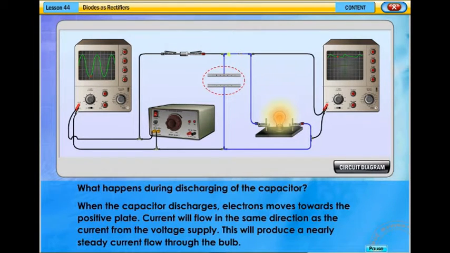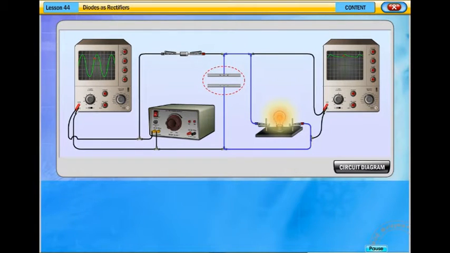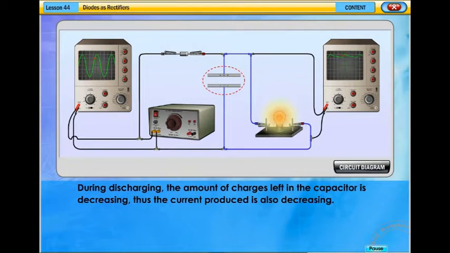This will produce a nearly steady current flow through the bulb. During discharging, the amount of charges left in the capacitor is decreasing. Thus, the current produced is also decreasing.